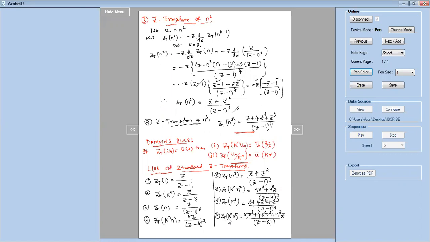This is the Z transform of k power n into n cube, by using the damping rule for the seventh formula. So this is how we can write the Z transforms of standard functions.